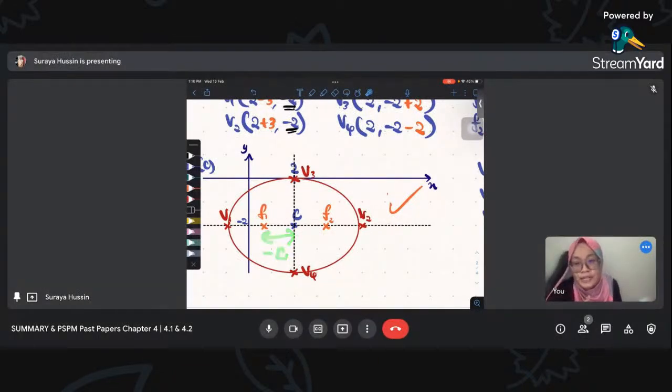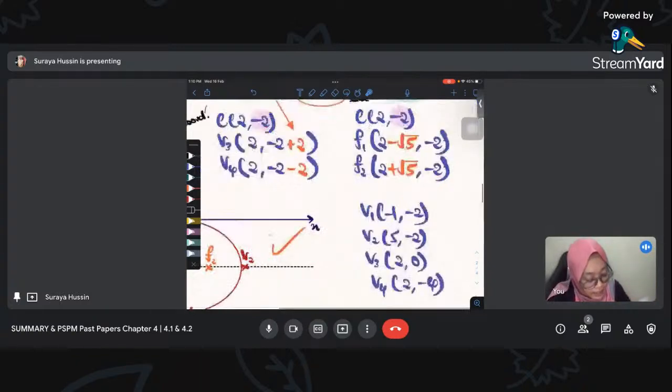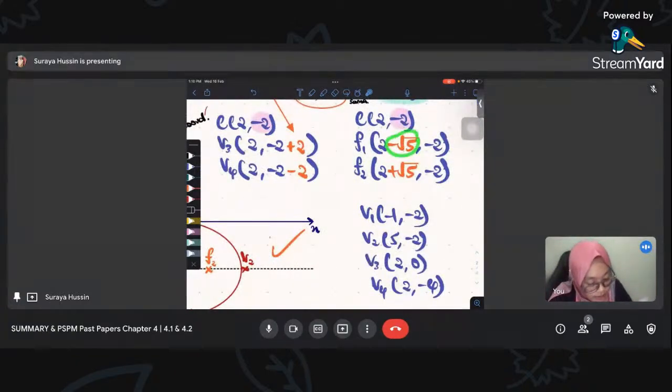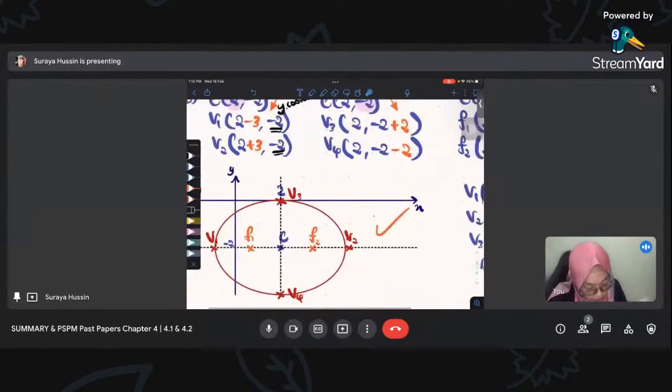Faham ke? And then saya tahu nak kena tambah dan tolak C tu di mana? Di X coordinate sahaja, sebab pada X coordinate yang berubah. You see, this is coordinate X yang kecil. This is coordinate X yang agak besar sebab dia berada di belakang. You kena faham coordinate mana yang kekal.